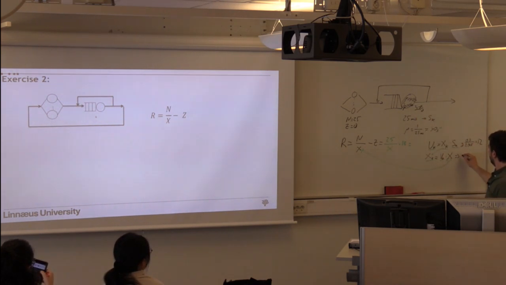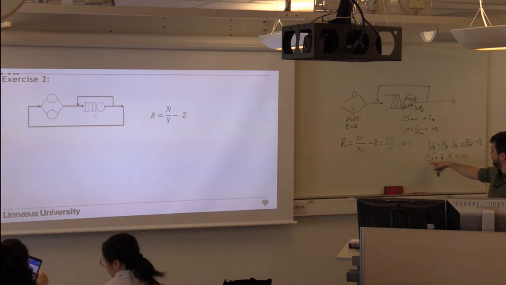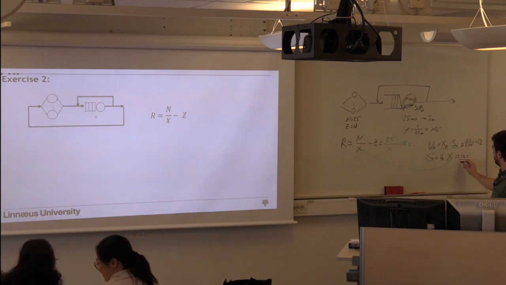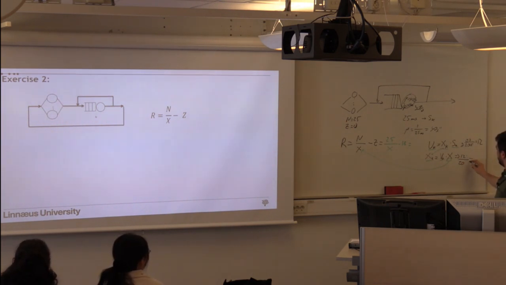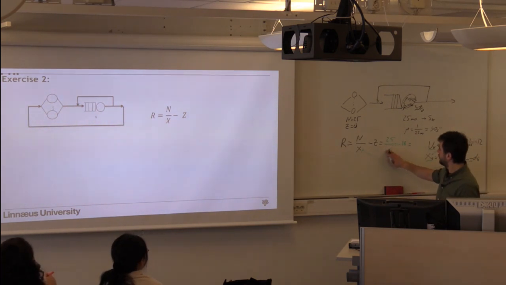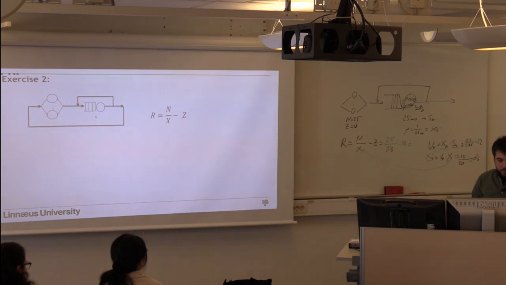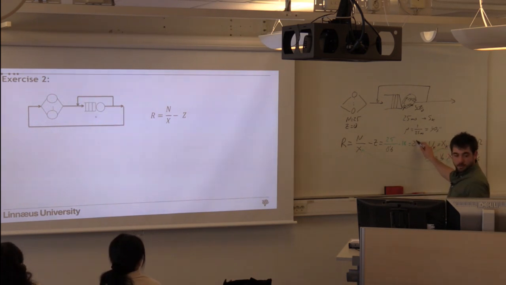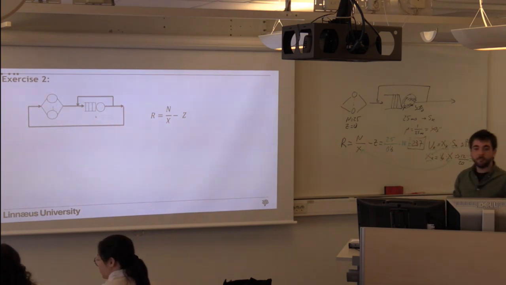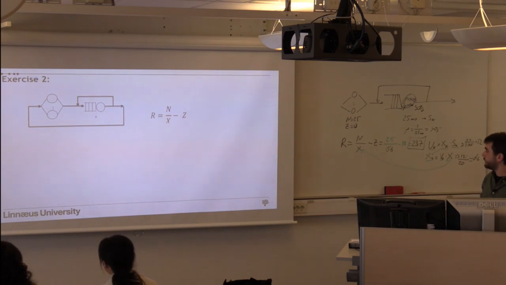Then we move the 20 dividing, 12 divided by 20 is equal to 0.6, which is the X, the throughput of the system. Here we can say 0.6. 25 divided by 0.6 minus 18 is 23.7. This is the response time of our system.